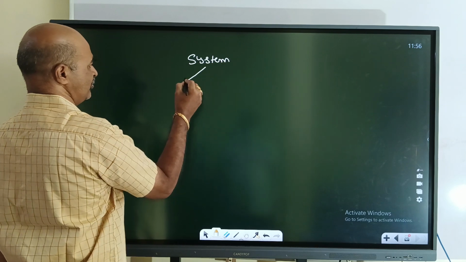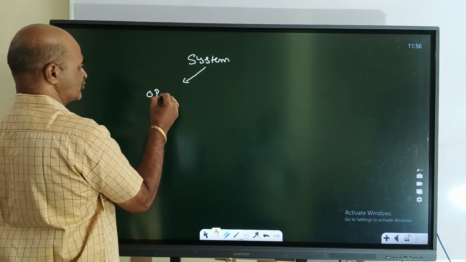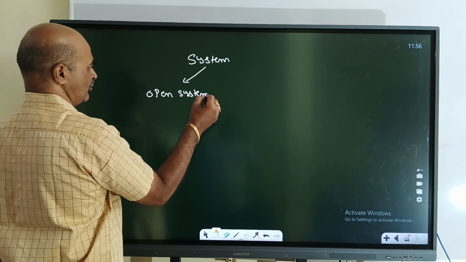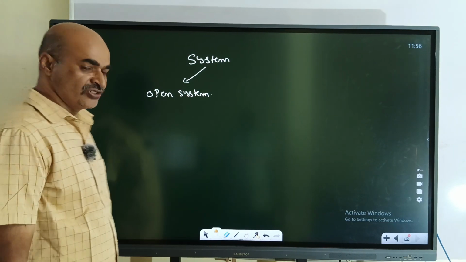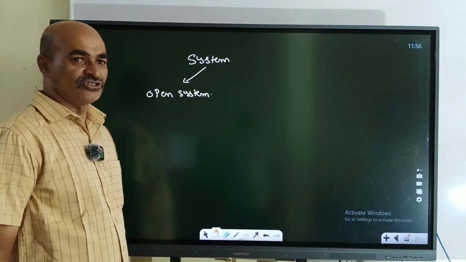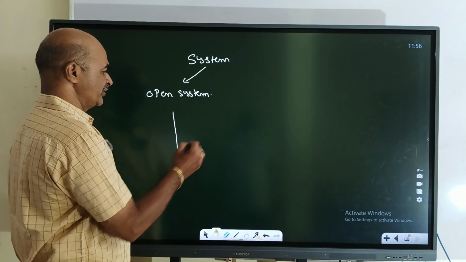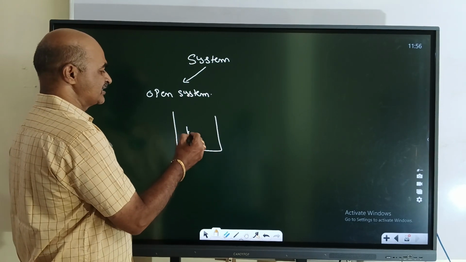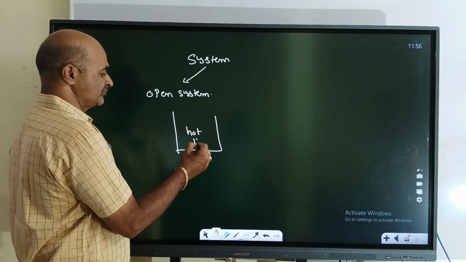Next, systems. Three types. One is open system. What is open system? Suppose you take an open vessel. It has hot water.